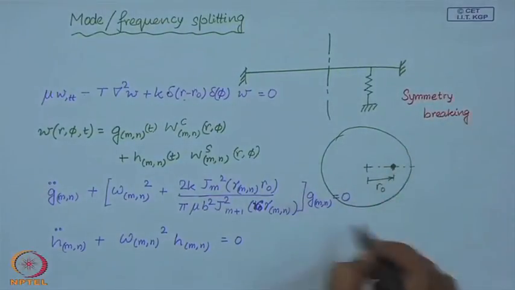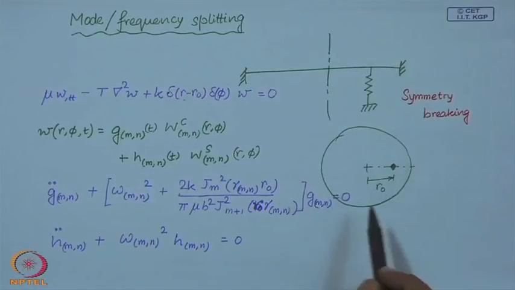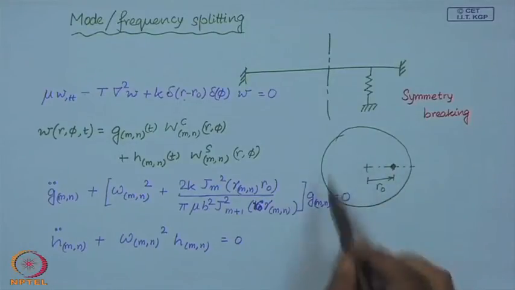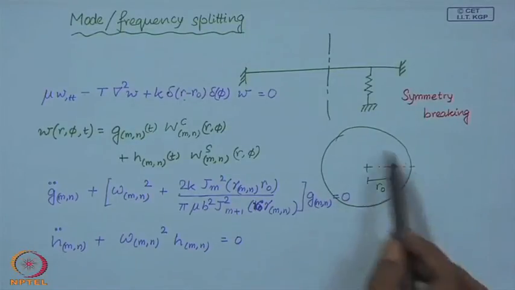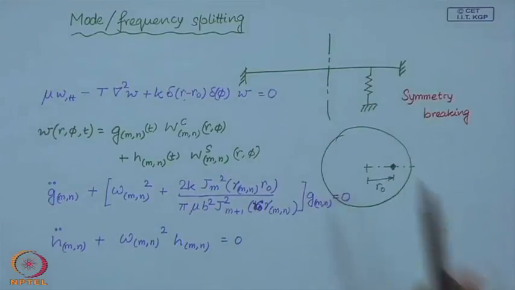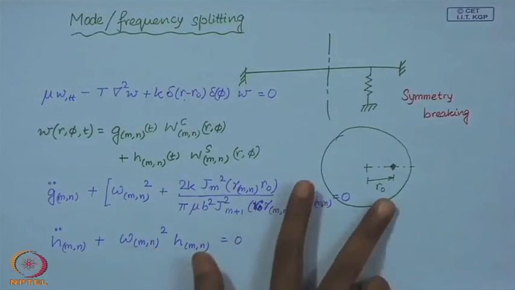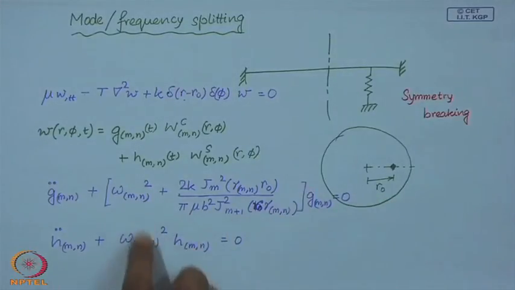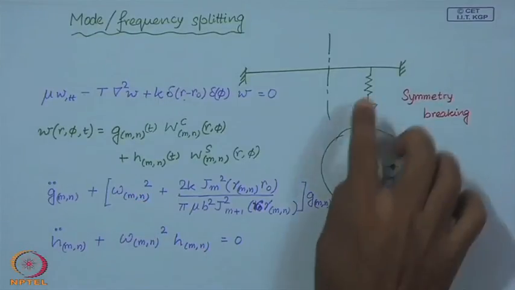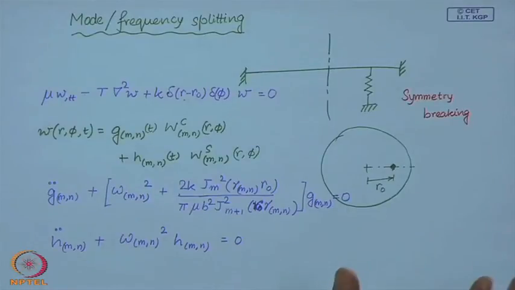I told you that a normal circular membrane has a geometric symmetry, but that is now broken because of this external interaction, and immediately what it does is it splits this frequency. So, there is no modal degeneracy now corresponding to omega mn. In this situation this is going to split the natural frequencies of the membrane.